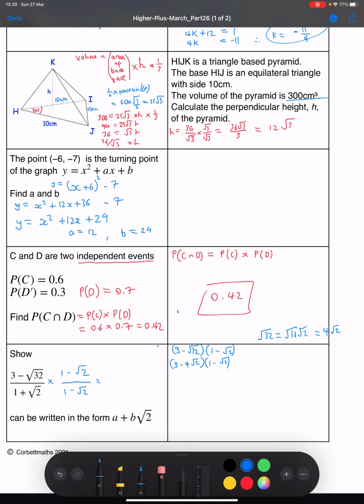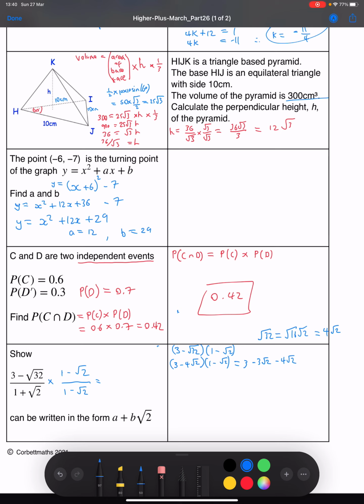That's much better. If I expand that, I do 3 times 1, which is 3. 3 times minus root 2 is minus 3 root 2. Minus 4 root 2 times 1 is minus 4 root 2. Minus 4 root 2 times minus root 2 is going to be positive 4 times root 2 times root 2.